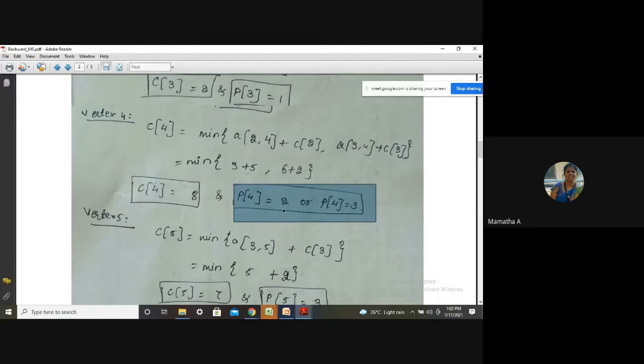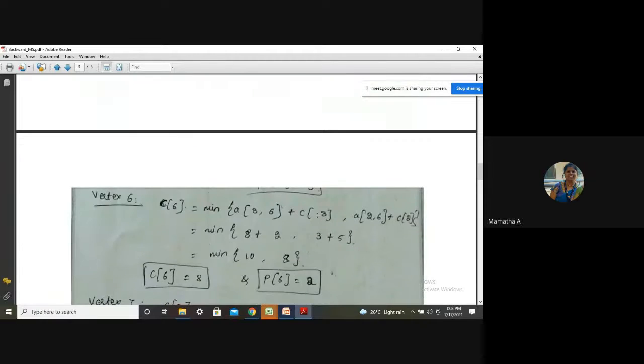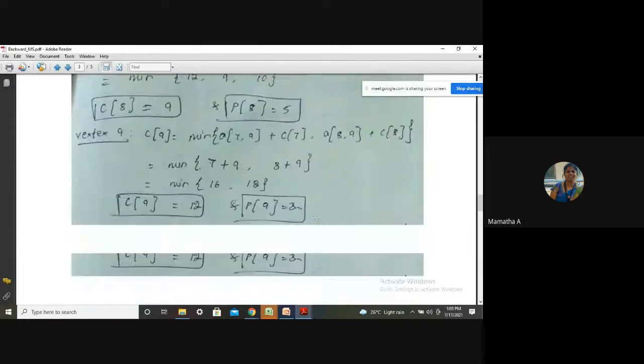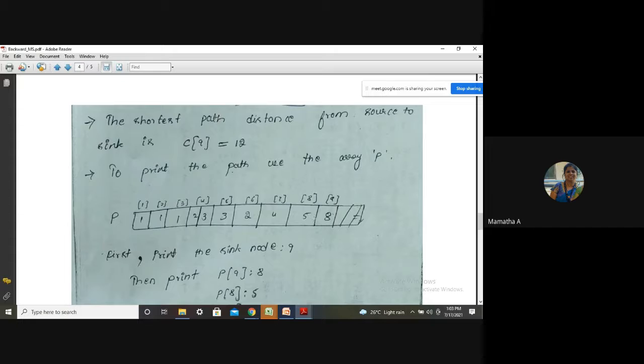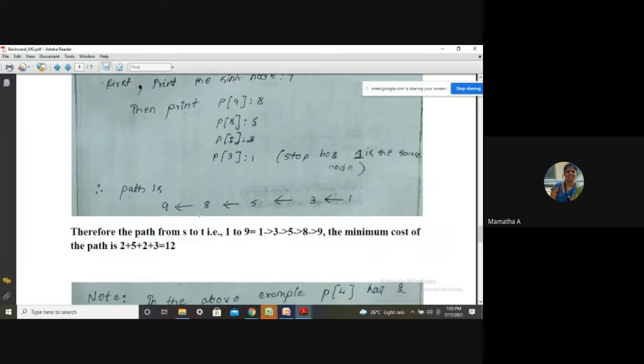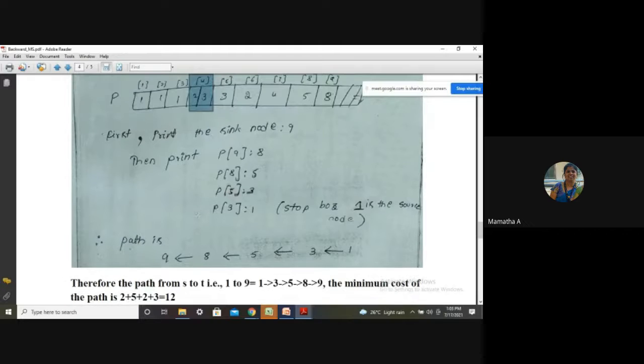And these two values, when you compute the path, you will have two different paths because P of 4 will have two values. So you will have two different paths having the same length.